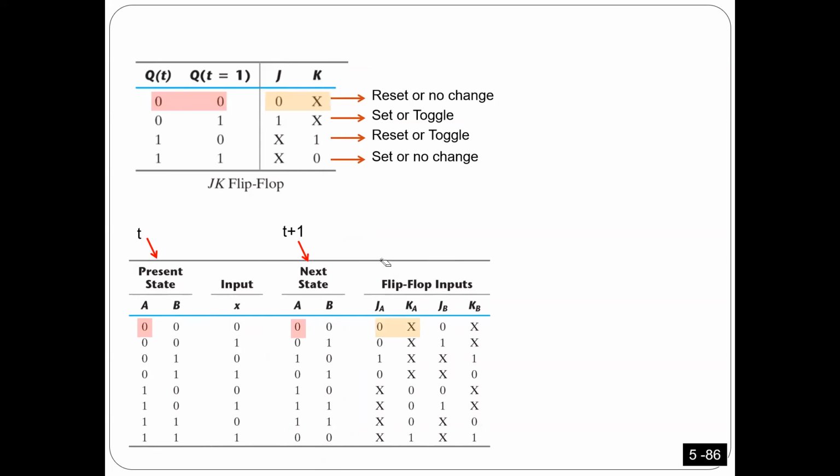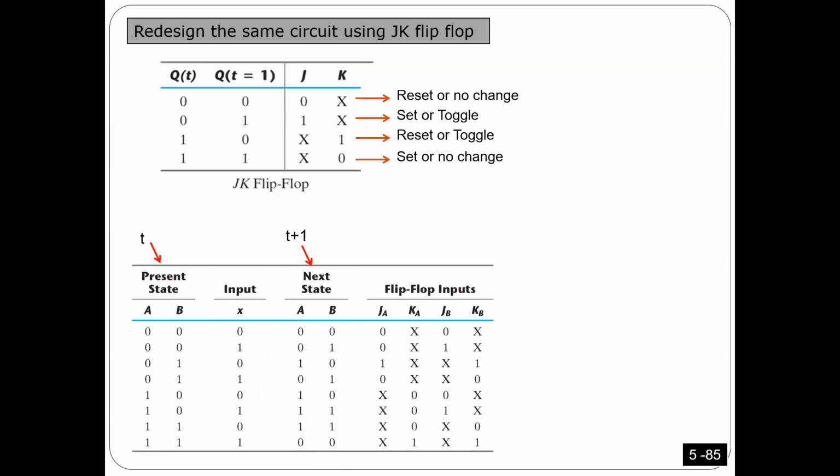Look how it works. Very, very simple. I think I have a very nice diagram here. First of all, this is coming from the function table of the JK flip-flop. If there is no change, you remember, JK has to be 0, 0.